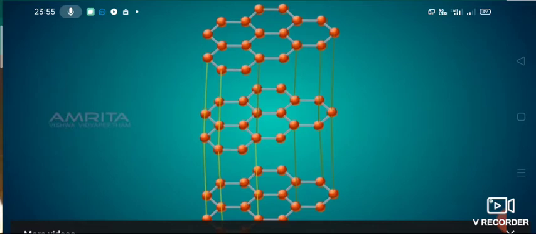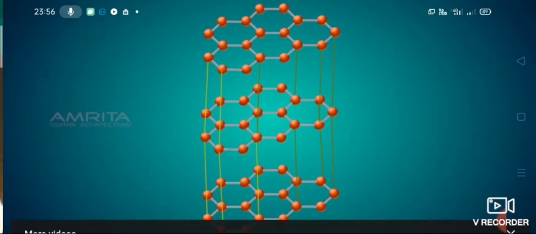It is used to make holes in hard rocks, and it is used in making jewelry, and in surgical equipment. These are the uses of diamond and graphite.